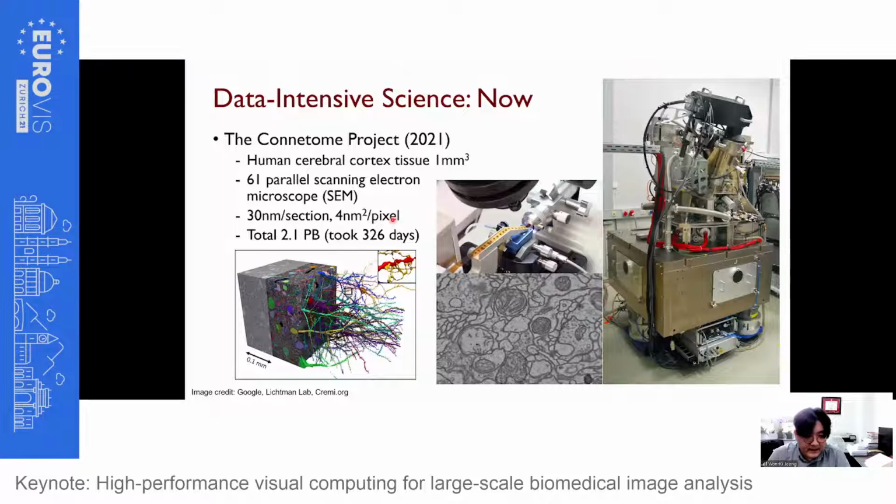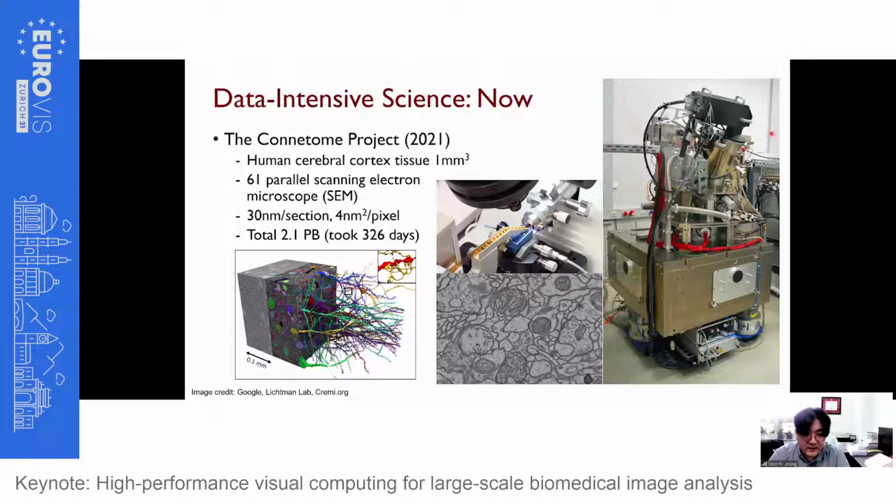You take a brain sample and cut very, very thin sections, take images using an extremely high resolution device like an electron microscope, and put them together to reconstruct a three-dimensional data set. Then you apply computational algorithms to extract useful information, for example the neuron structures or the connectivity of the neurons.